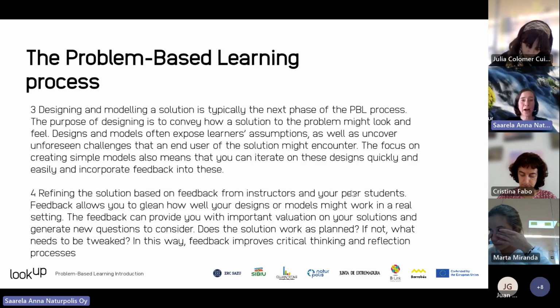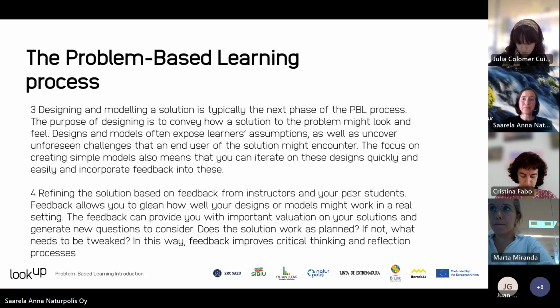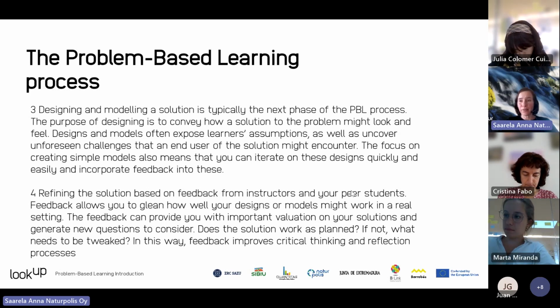So you need to have quite a few solutions and think about them from different corners, to find the correct and good solution for the problem. The focus is also to keep the models quite simple so you can iterate them or design quickly and easily and incorporate feedback into these.